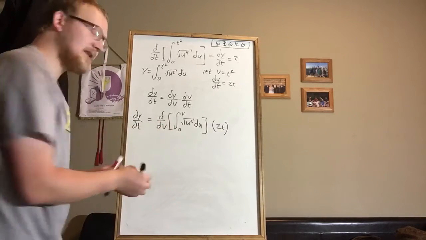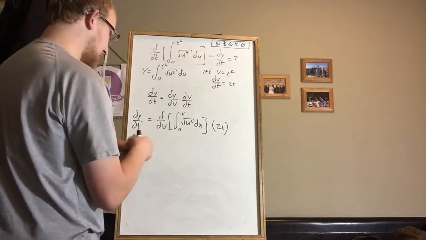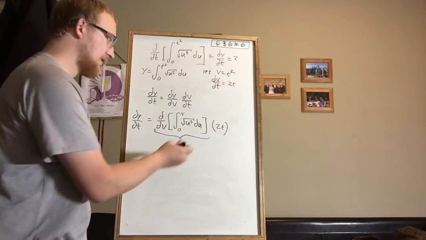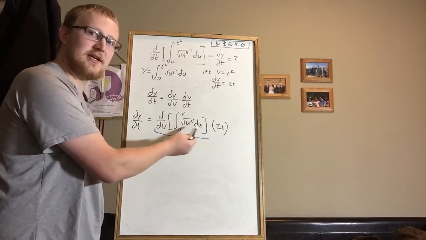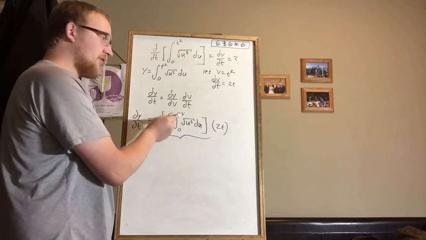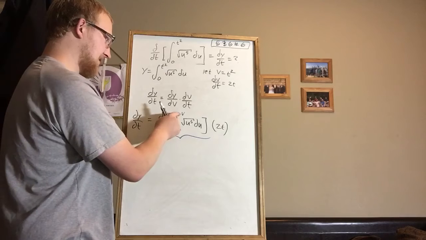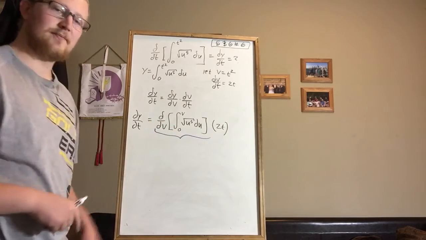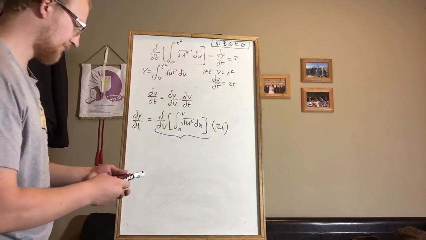And so now we can use the fundamental theorem on this chunk right here, because you'll notice that there's a single variable v in the upper bound with a constant in the lower bound, and we're taking the derivative with respect to that variable v.